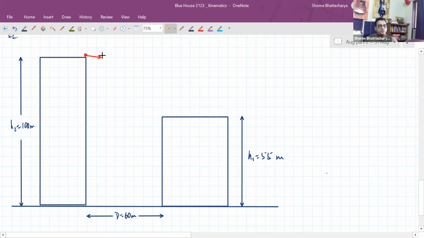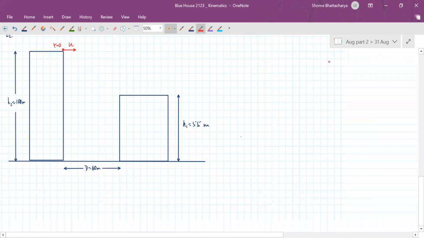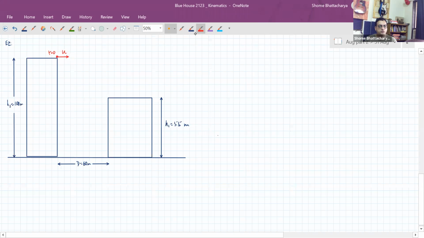You have to give it some minimum value of the projection velocity so that it lands on this building. So horizontal projection. Yes. Okay. The first part is an example of horizontal projection.